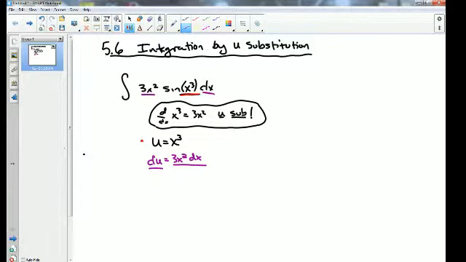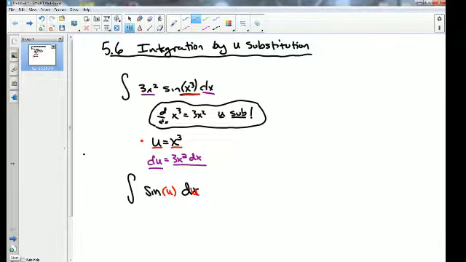And then u is x cubed, and that's actually du. So we've gotten rid of this whole mess right here and put du in, and we've put u in for x cubed, right?